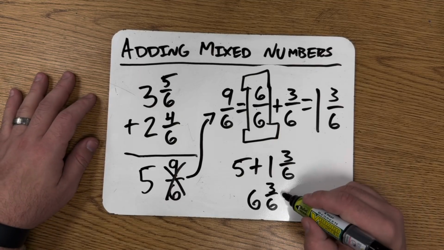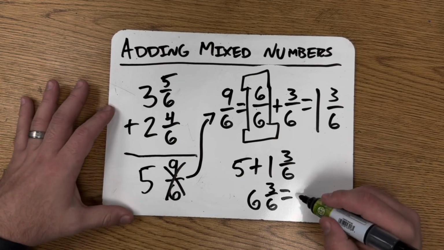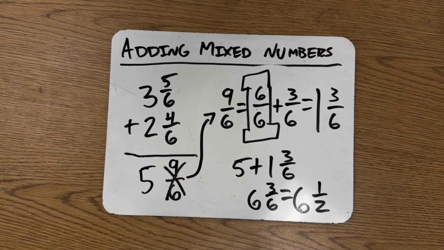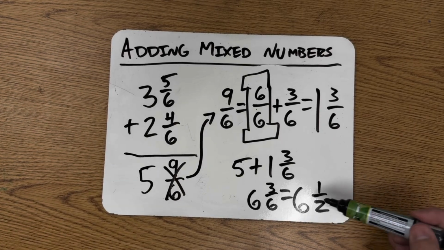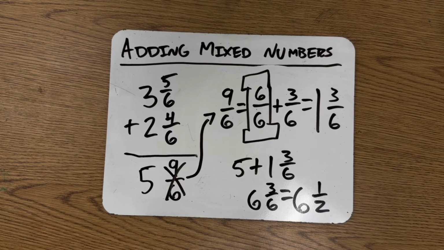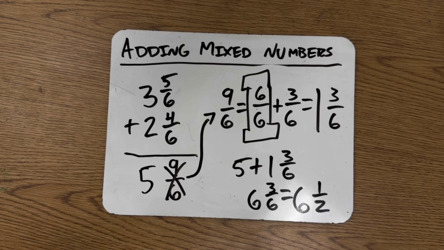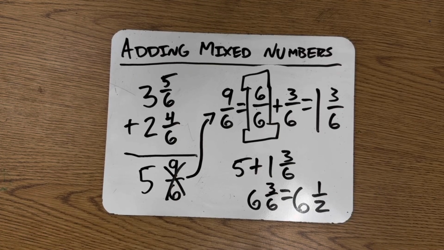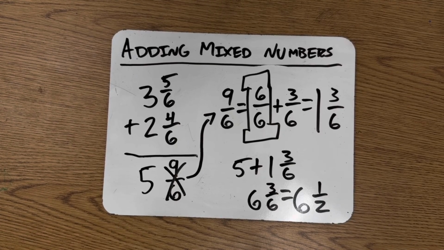That is my answer. Now, in 4th grade, it is not required for students to be able to simplify their fractions. They do not need to know that 3/6 is the same as 1/2. It is good practice, though. If they can do it, I highly recommend simplifying their fractions. If it's an even denominator and even numerator, simplify it, divide by 2, cut it in half until you can't anymore.